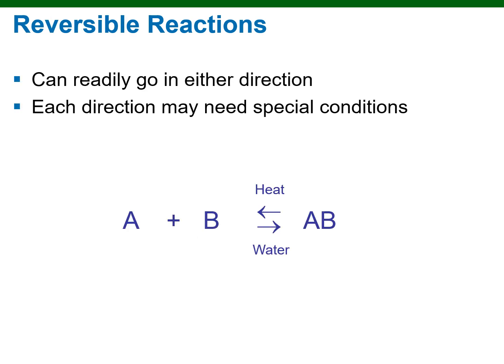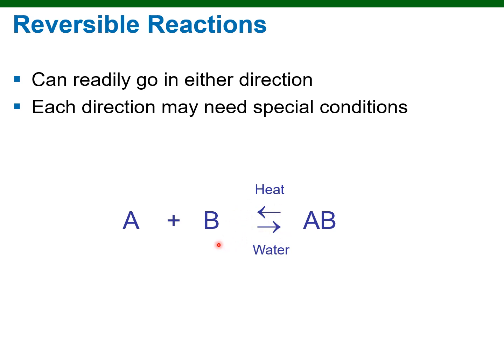The last type of reaction that we need to know about is the reversible reaction. These types of reactions can go in either direction. And although we see here that A can combine with B to form AB, this can also travel back in the other direction, depending primarily upon whatever the prevailing conditions are.